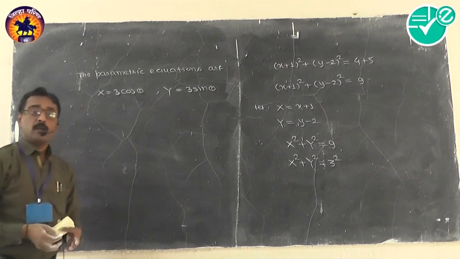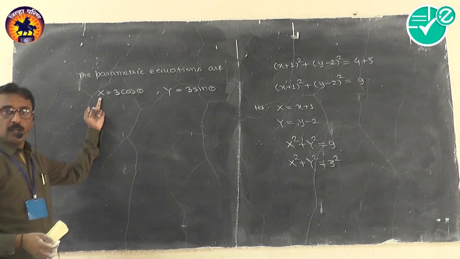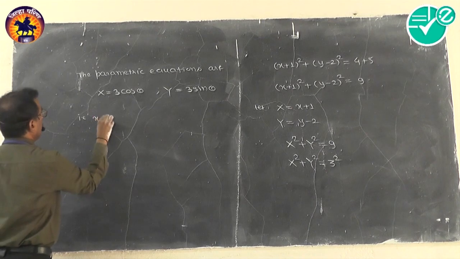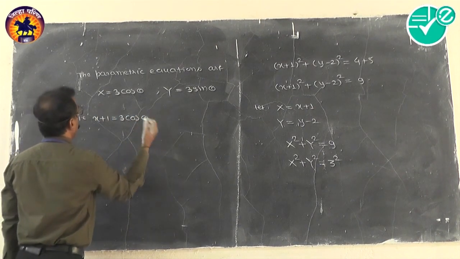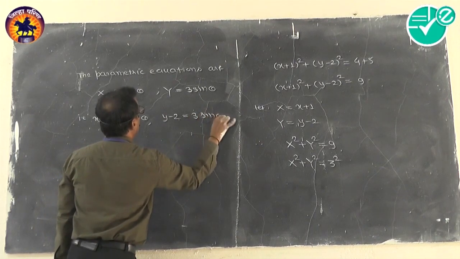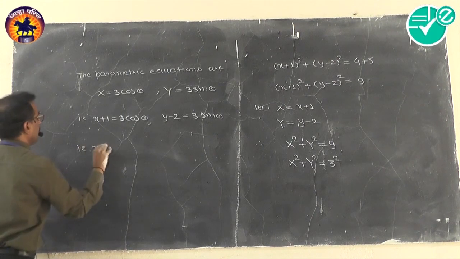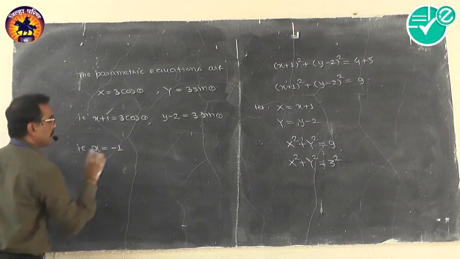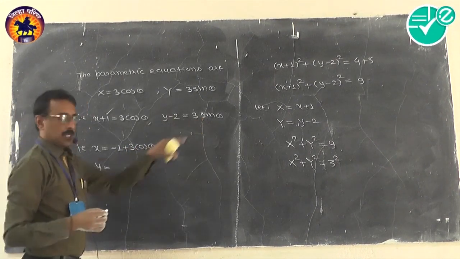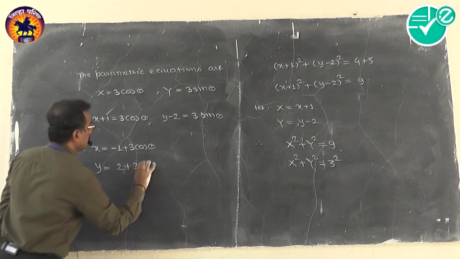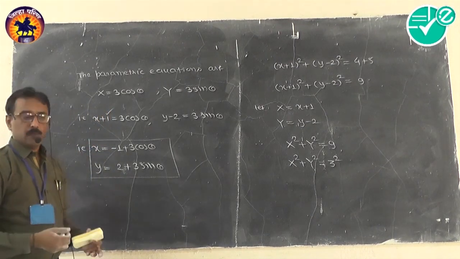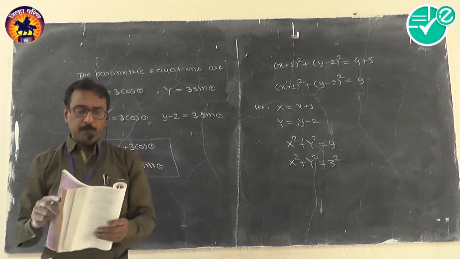Written fast, but remember one thing, this X is not as it is x, this X is replaced by x plus 1, so we have to write x plus 1 equal to 3 cos theta, and y minus 2 equal to 3 sin theta. So x equal to 1 is taken on the right, minus 1 plus 3 cos theta, and y, this minus 2 is taken on the right, so it is 2 plus 3 sin theta, and these two equations are called parametric equations of the circle actually.